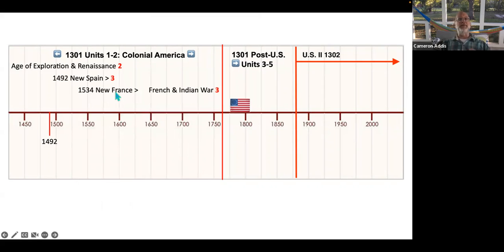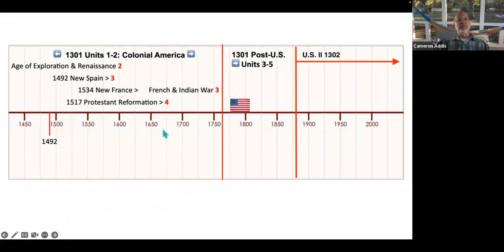In chapter 3, we also talk about New France up in the north, also a little in the Caribbean and South America, but mainly in what we now think of as Eastern Canada and the Great Lakes, upper Midwest area. Toward the end of chapter 3, we cover all the way up to the end of the French and Indian War, which is really a prelude to the American Revolution.